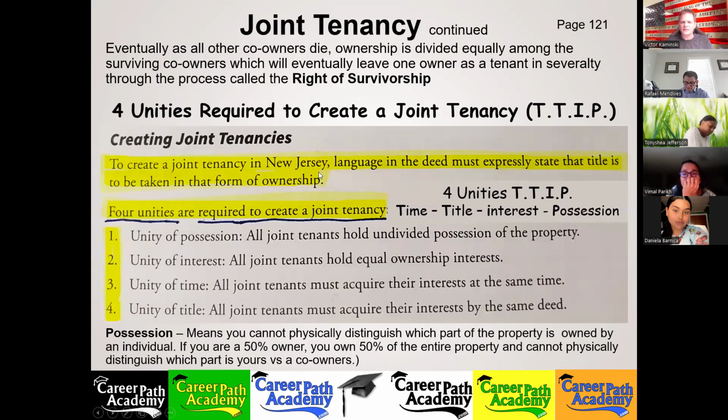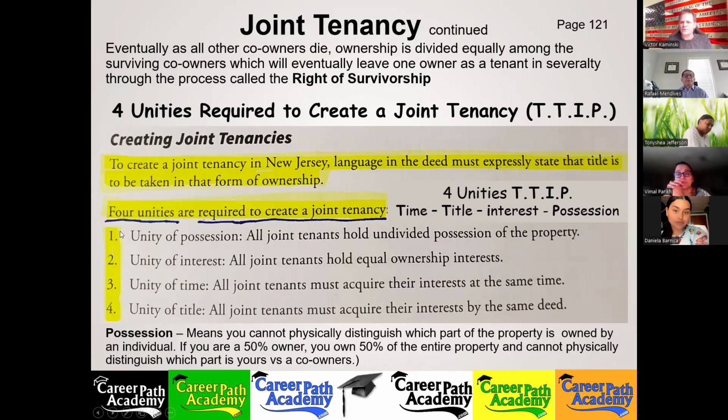So to create a joint tenancy in New Jersey, you have to first expressly state in the deed that you wish to take ownership in that form. Because if you don't, you're tenants in common. So you have to have 4 unities in common to create a joint tenancy. TTIP: time, title, interest, and possession.